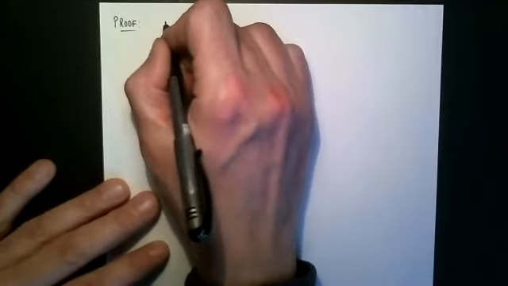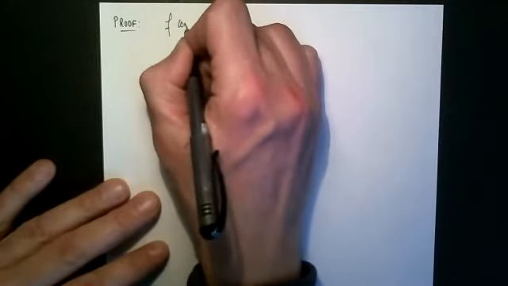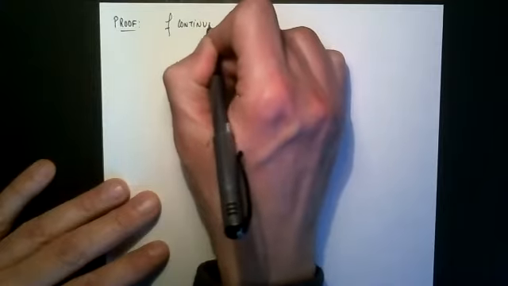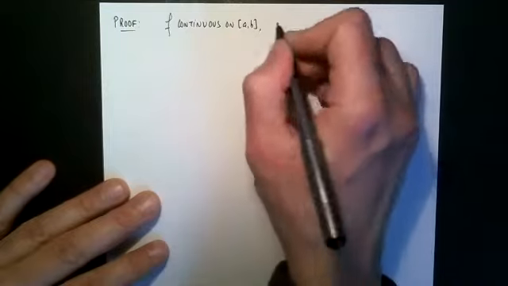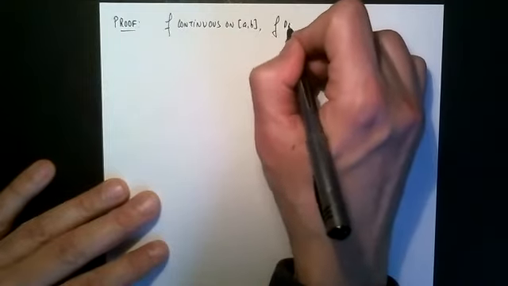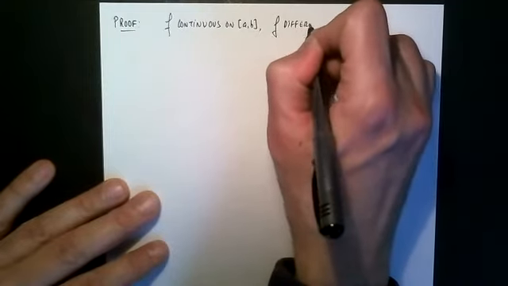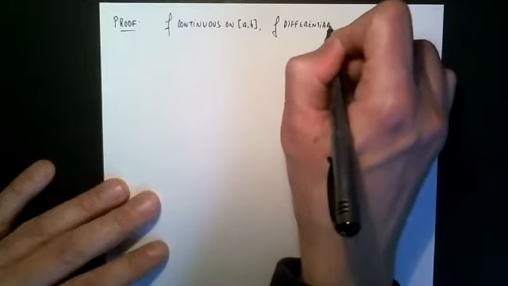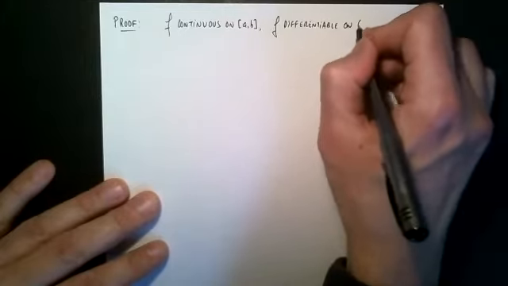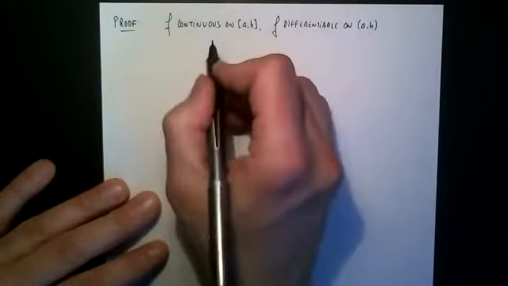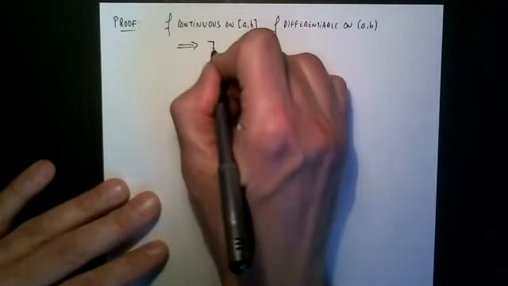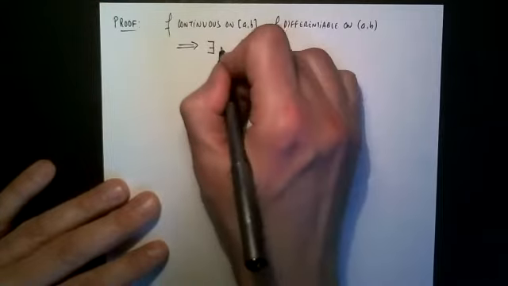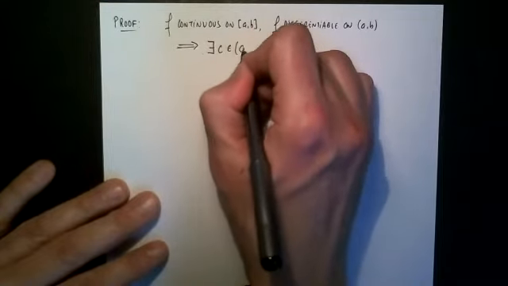So remember what we want to prove, that if f is continuous on [a, b], f is differentiable on (a, b), then there exists, let me show you this symbol, there exists c in (a, b).